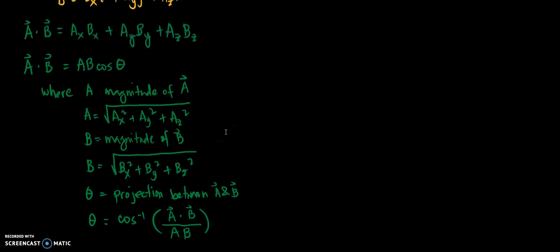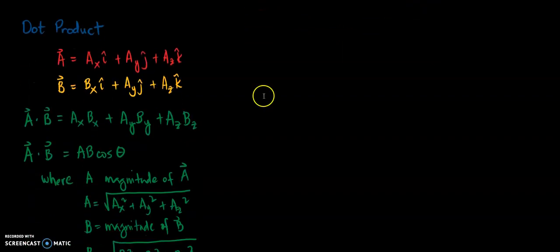So to understand more about the dot product, let's have an example. Let's say we have vector A is equal to 2i hat minus 3j hat plus 6k hat, and vector B is equal to i hat minus 4j hat minus 5k hat.